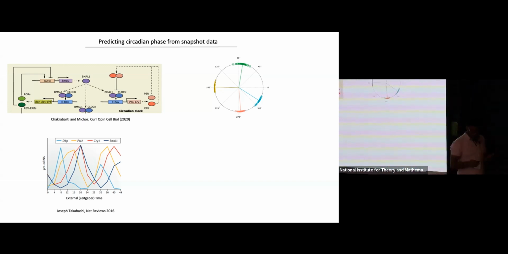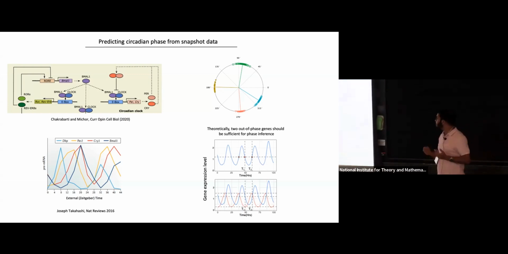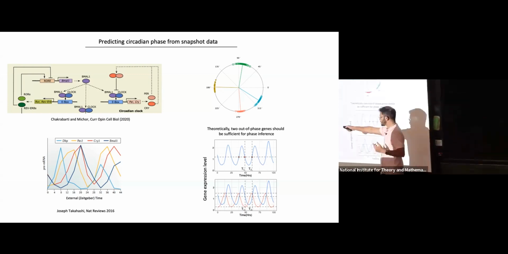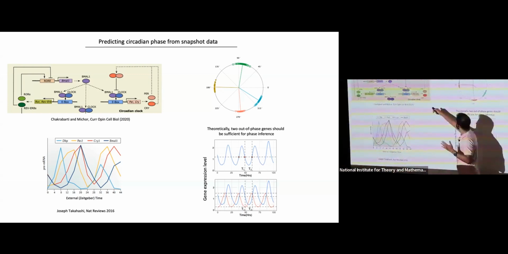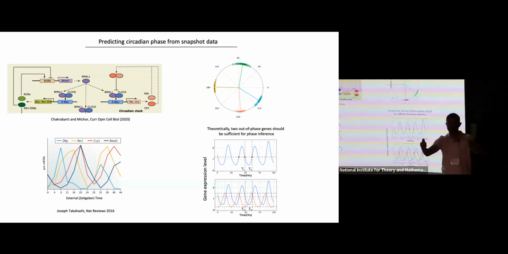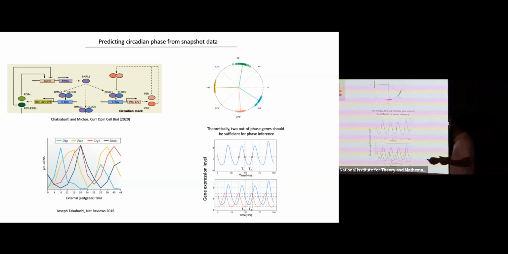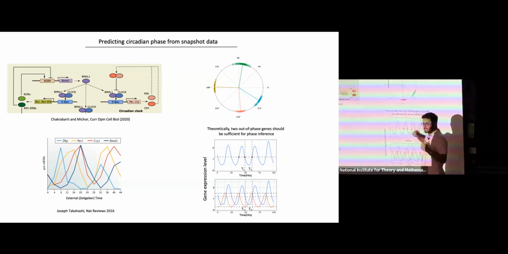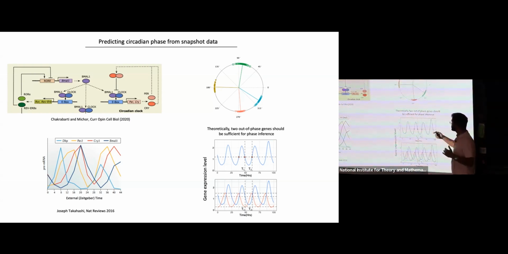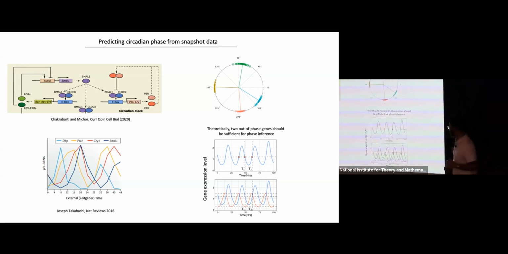And the question that you can ask is, if you have these gene expression data sets from a snapshot, for example, if I take gene expression from snapshots of skin from all of us, can I tell you from that gene expression where you are, okay? So can I decode the state of your circadian clock?